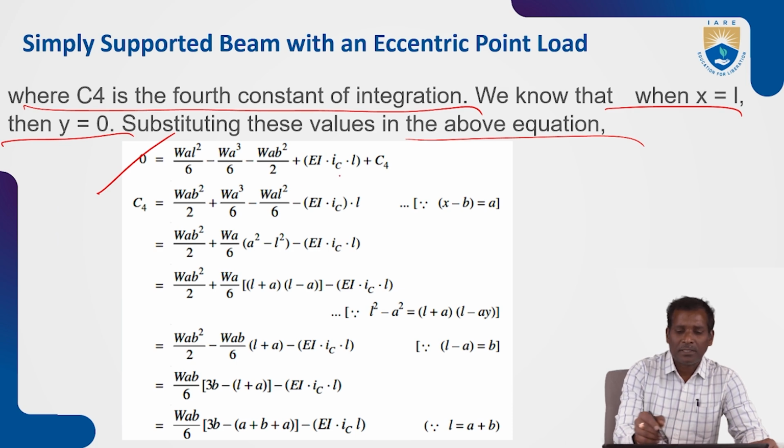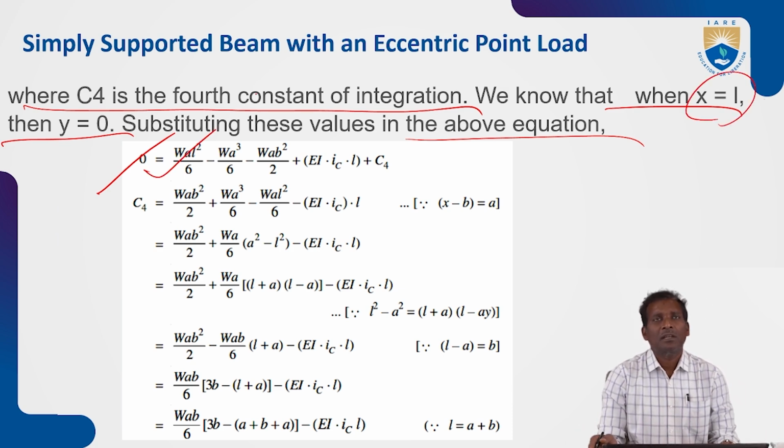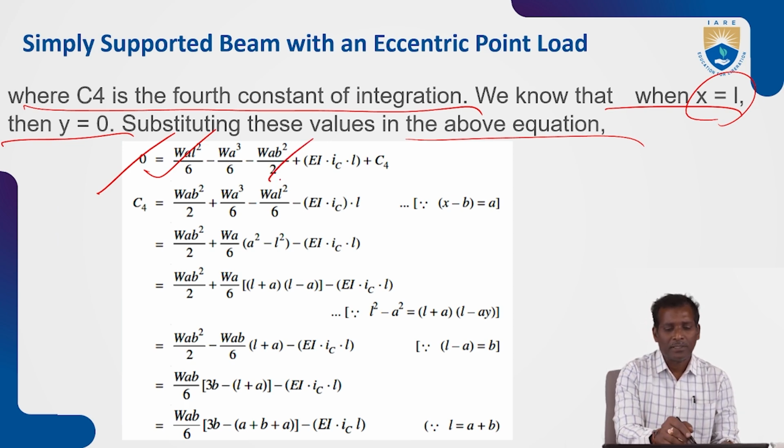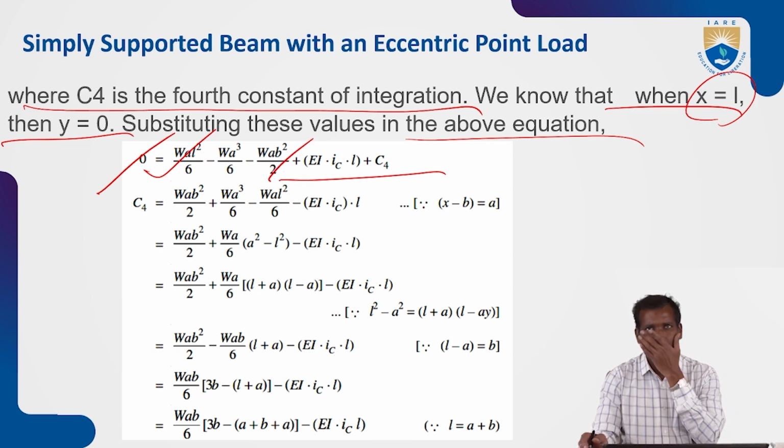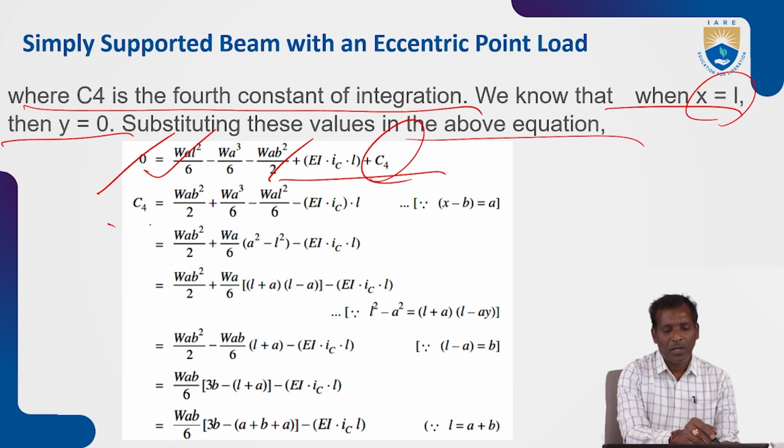Substituting in place of X, L: Wa L square by 6 minus Wa cube by 6 minus WaB square by 2 plus EI into theta C into L plus C4. Now calculate the C4 value.